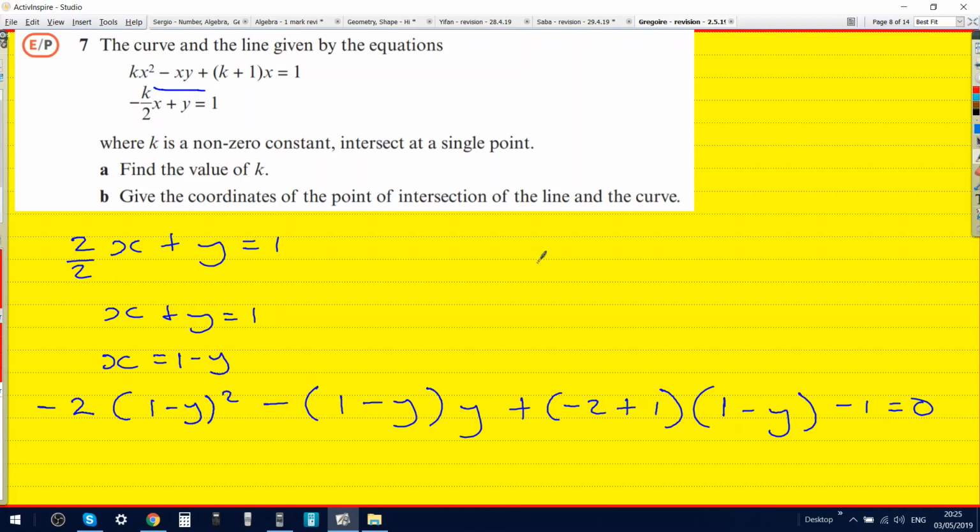So 1 minus y squared equals 1 minus y plus y squared, and then that's all minus 2, minus 2 plus 2y plus 2y minus 2y squared.